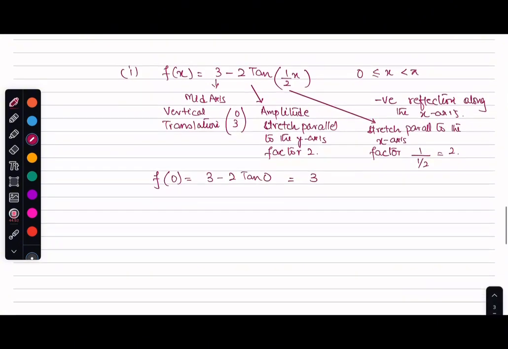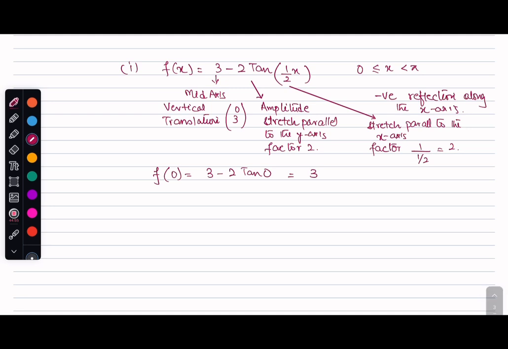Now, other values that I should be having here are going to be f of pi, and with f of pi, this then is going to be 3 minus 2 tan. Substituting x with a pi, this becomes pi by 2. Tan of pi by 2 is infinity, and therefore this function value here then shall be undefined.